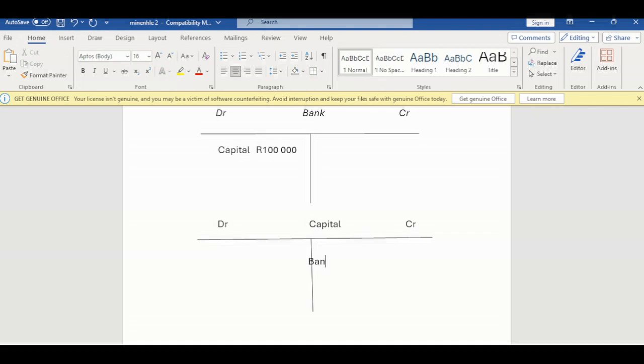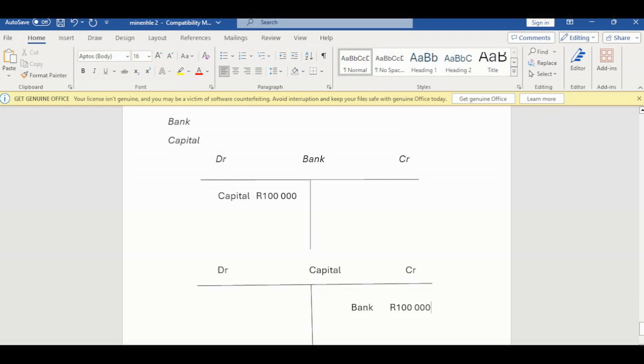Here is the bank. How much money? 100,000. It is done.